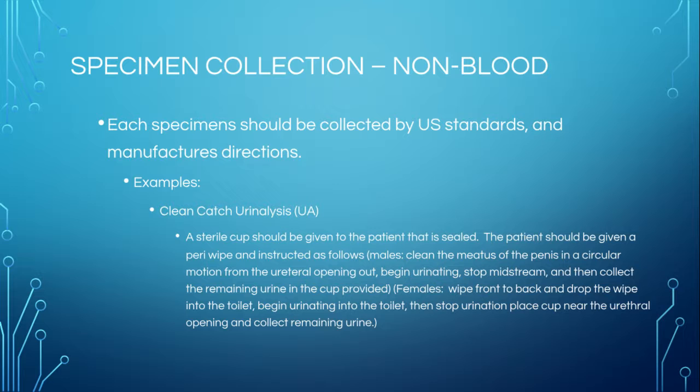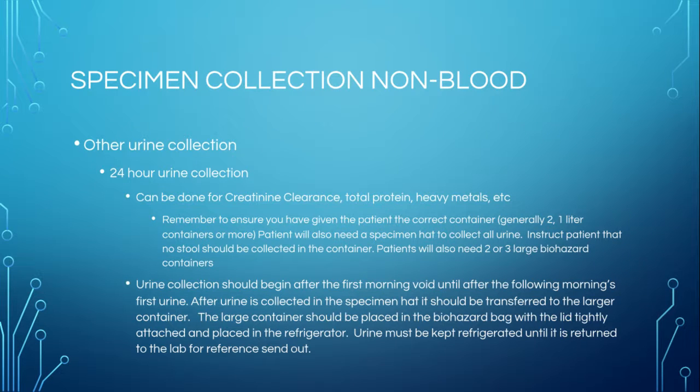We do that because that peri wipe cleans off and helps make sure that no normal flora gets into that specimen collection. We want it to be a good clean catch. That's how we would do a clean catch urine.